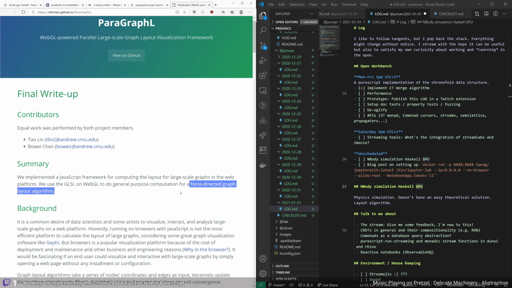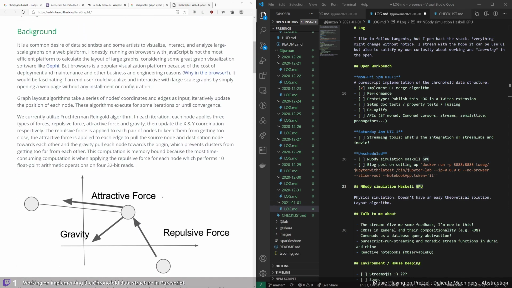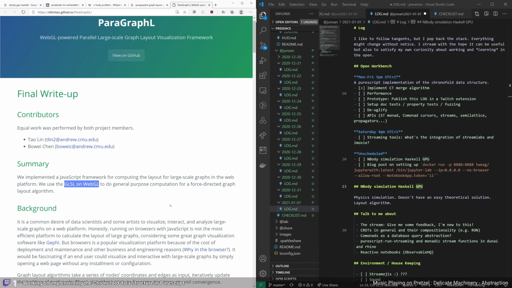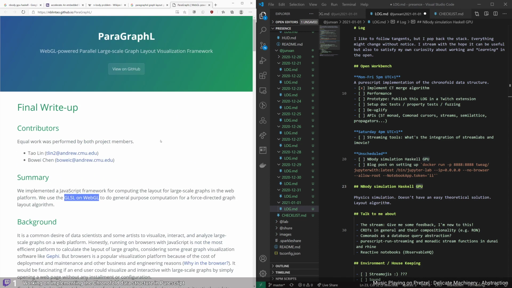And it is, in fact, some approximation, a subset of the NBody simulation problem. And these people here, Tao Lin and Bawei Chen, have implemented a JavaScript framework for computing this force-directed graph layout in WebGL. So not only on the GPU, but on the GPU from your browser.